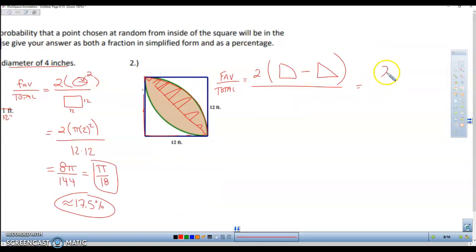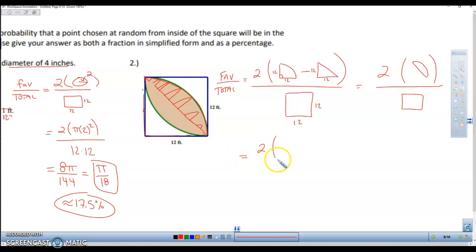Because this is 2 of these little half petals divided by the entire square. So that's easy enough. That's just 12 by 12. And then in my diagram here, that's 12, that's 12, that's 12, that's 12. So here we go. So I'll show my work down here.